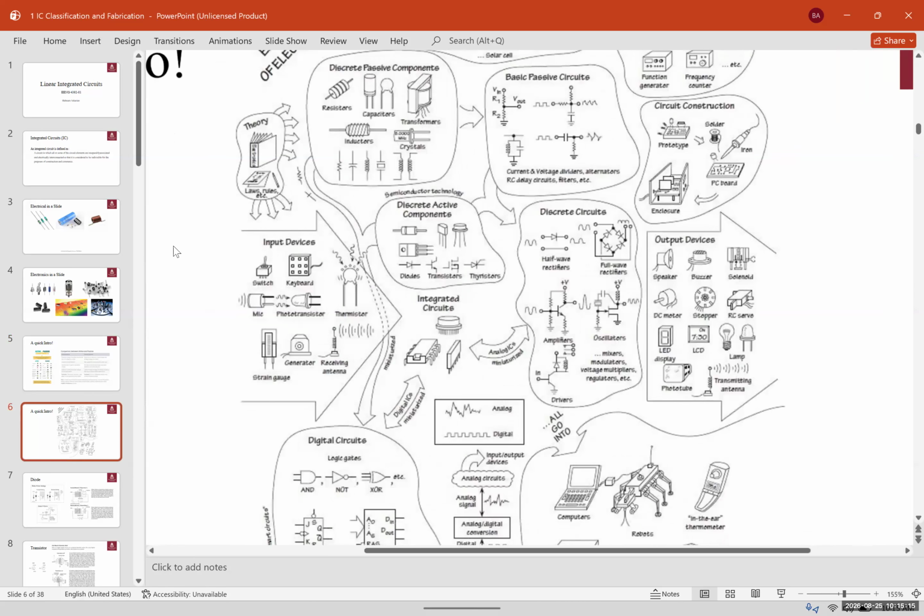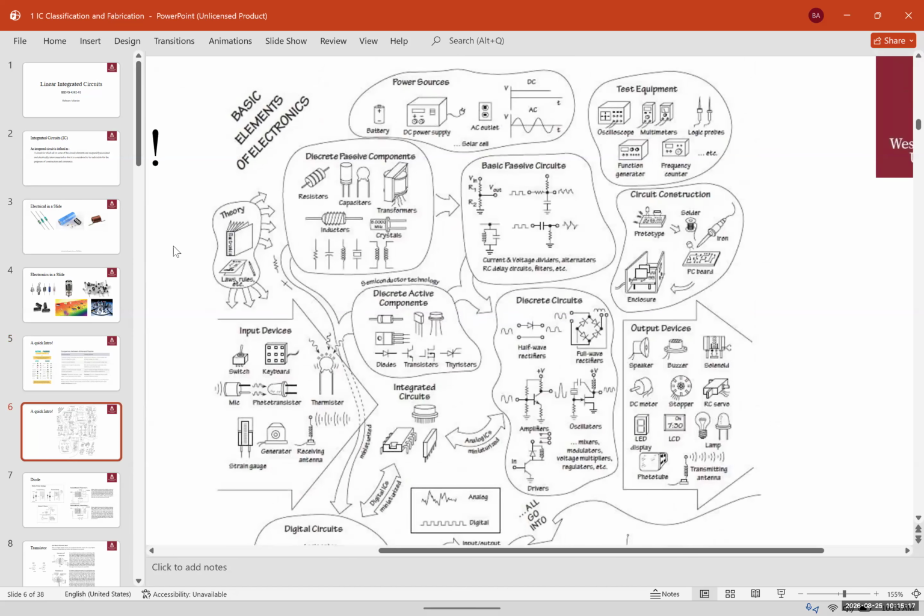Now, this graph, this is an interesting one, shows the basic elements of electronics. We have power sources, which could be AC, DC, like a battery or a generator and so on. We have test equipment like oscillators, oscilloscopes, DMMs, digital multimeters, function generators, frequency counters, and so on.